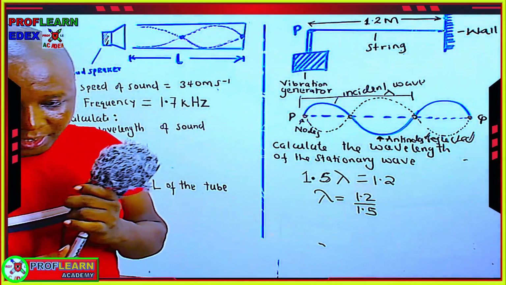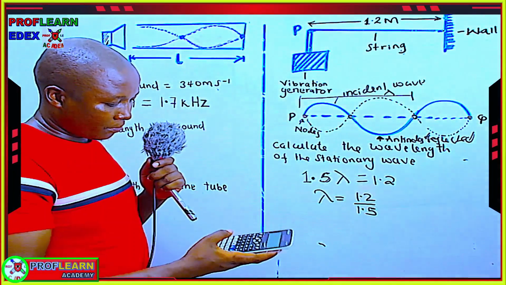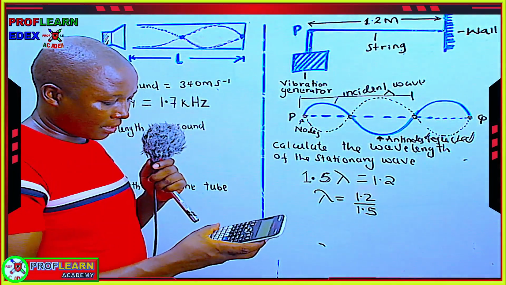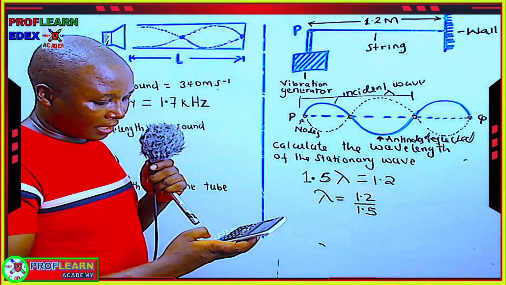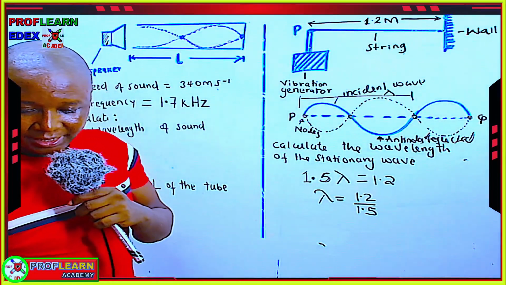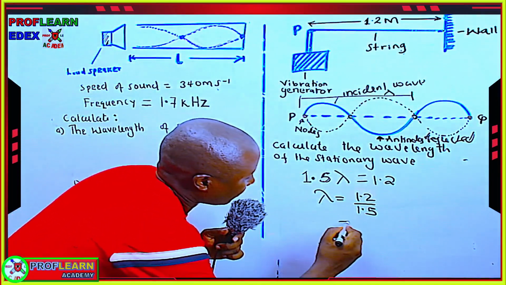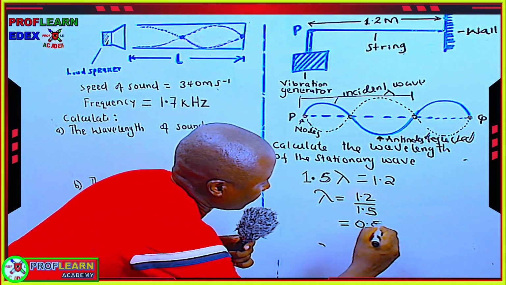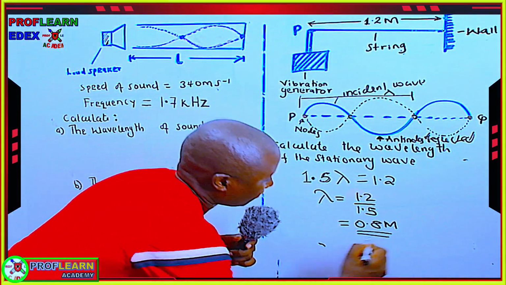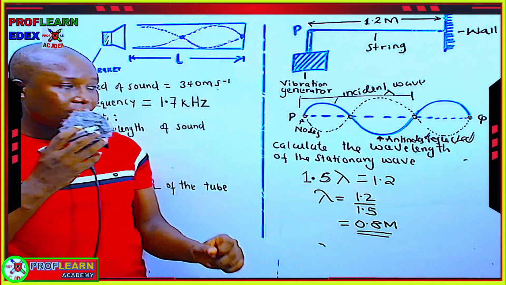If we work out this value, that translates to 0.8 meters. That is the wavelength of this stationary wave.